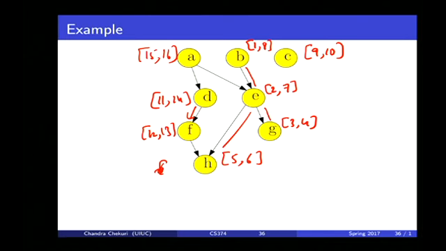It looks bizarre, why am I doing this? But my claim is, let's sort the numbers in decreasing order of post-visit order. What will I get? What is the largest post-visit node? Next, F, C. This will be a topological sort of this DAG.